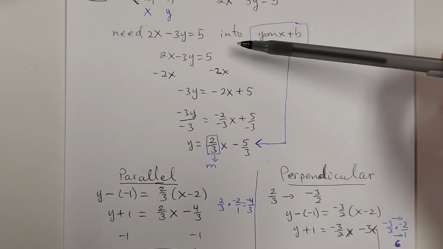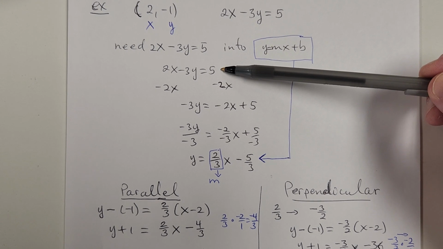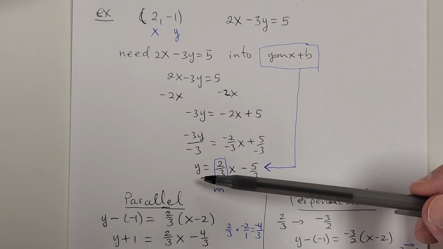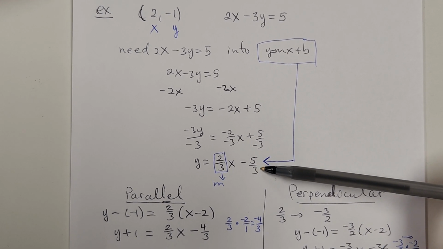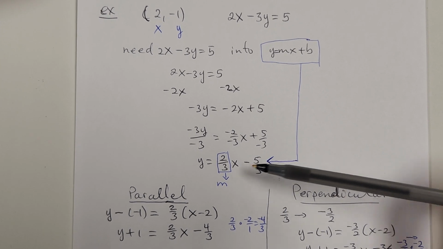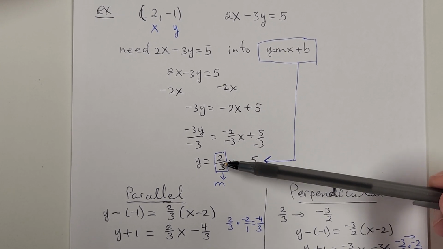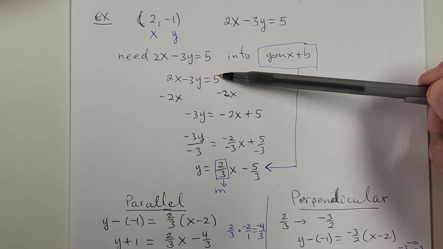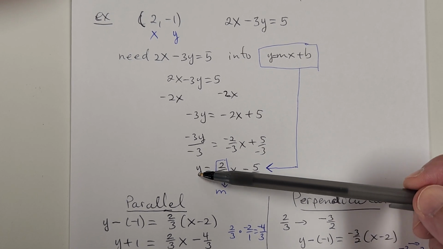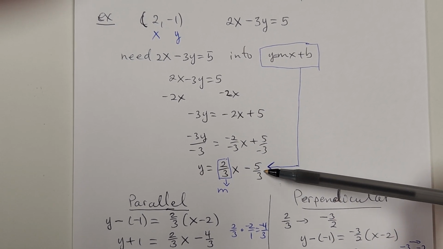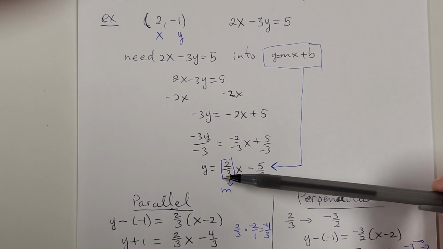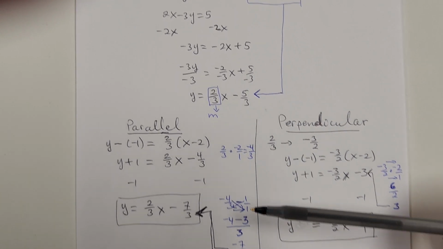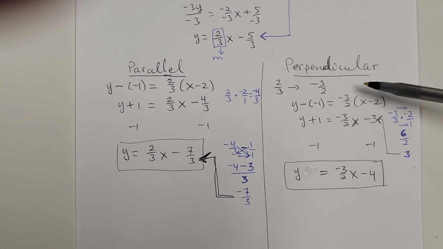If the given equation is not y = mx + b, you have to rewrite it. Once it is y = mx + b, then you will know your slope, which is always next to the x. This is the given equation, we rewrote it as y = mx + b, and the value next to x is my slope. Use this slope to find the parallel and perpendicular line.